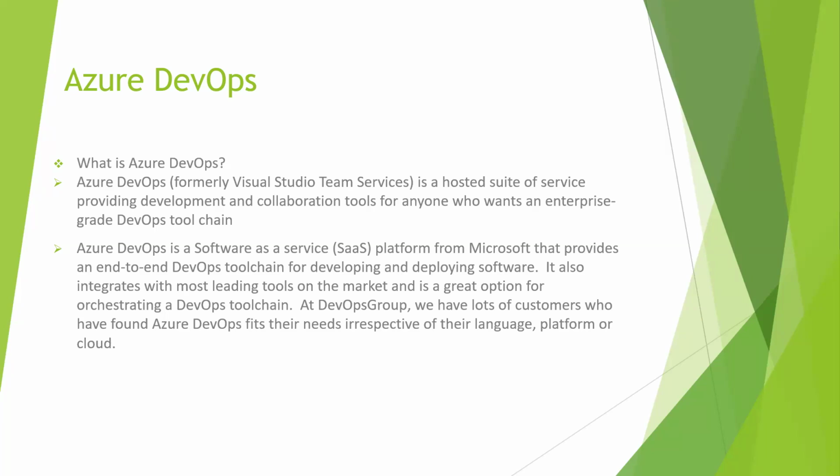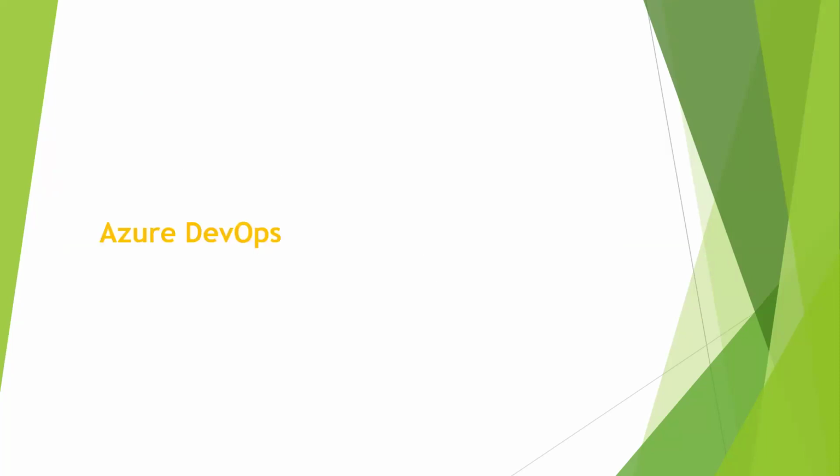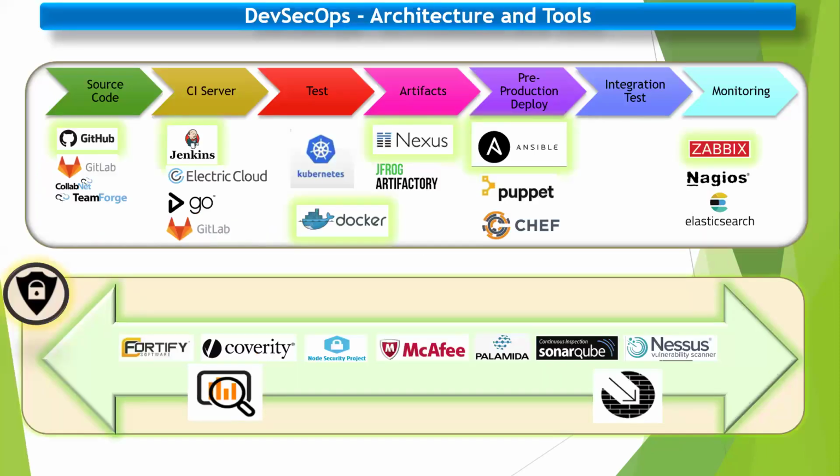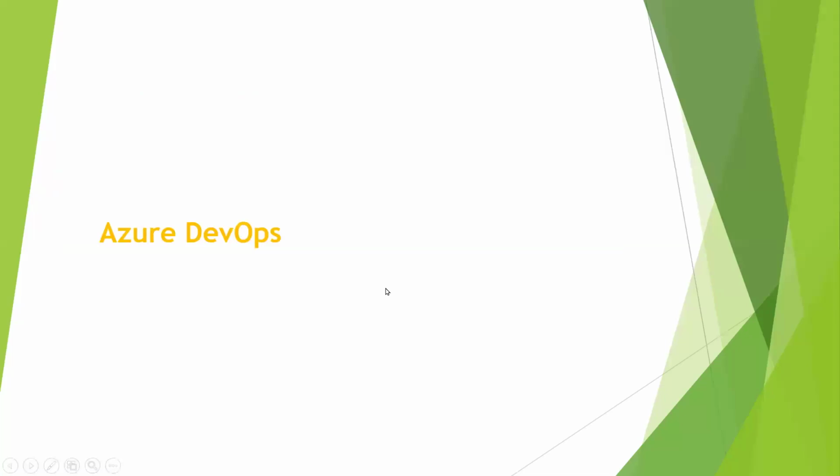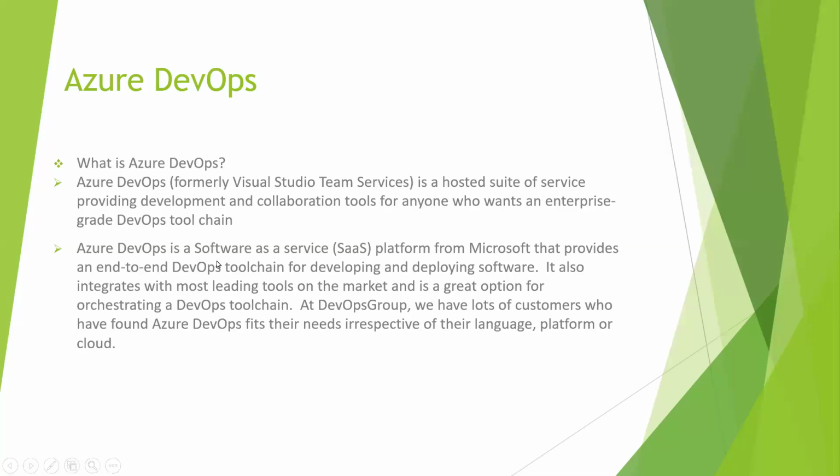Similarly, whatever tools are required to fulfill DevOps and DevSecOps practices, everything is bundled here. That's how they are creating it as a software as a service. It's a single service coming from Microsoft. This is an end-to-end DevOps toolchain for developing and deploying software.